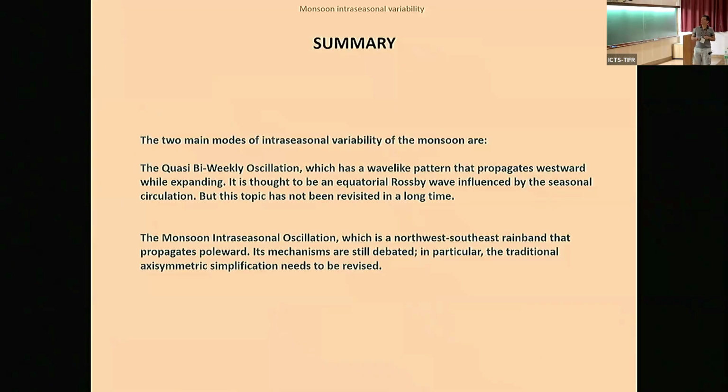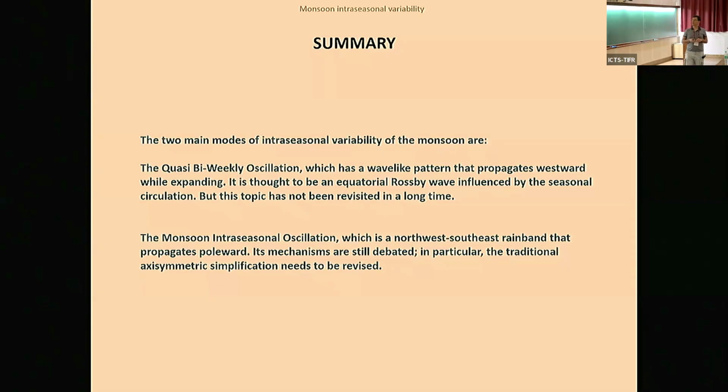All right, so that's about it for me. So we have two main modes. You've noticed that I talked a lot more about the MISO than the QBWO. And I think that there's been a lack of interest in this mode in a way. We kind of understand it as a Rossby wave, but we haven't dug into it too much. I mean, there seems to be quite a little bit of predictability that could be gained from this mode.